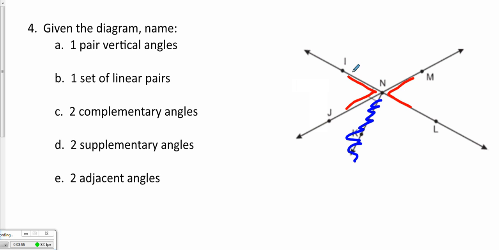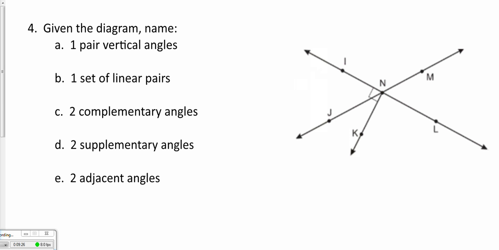There's also another pair, INM or MNI, however you want to name that, goes with JNL or LNJ, however you want to name that. So these are your only pairs of vertical angles, because these are the only two crisscrossing straight lines. You also need to name one set of linear pairs.